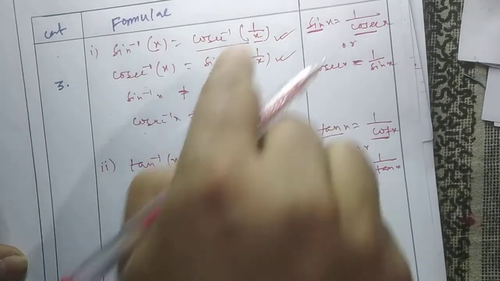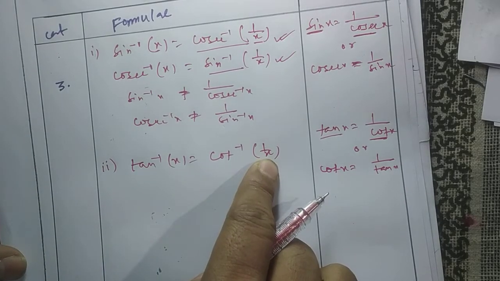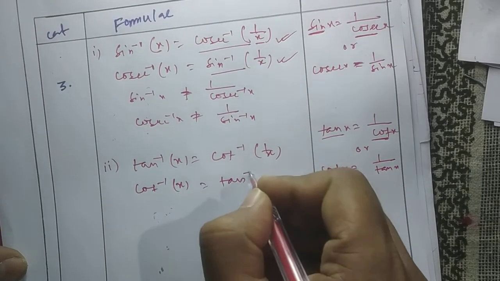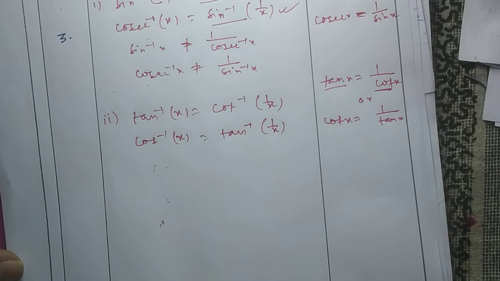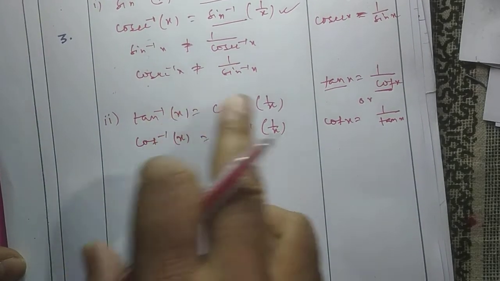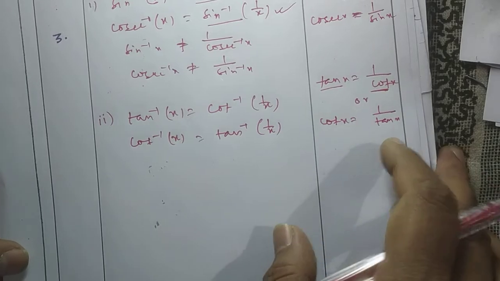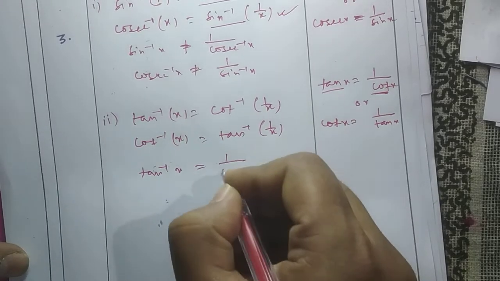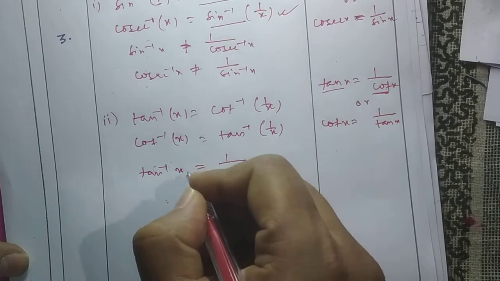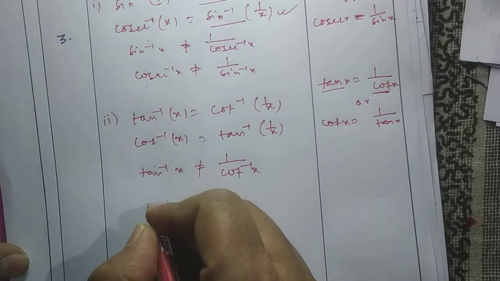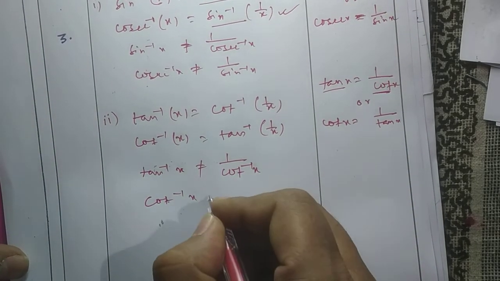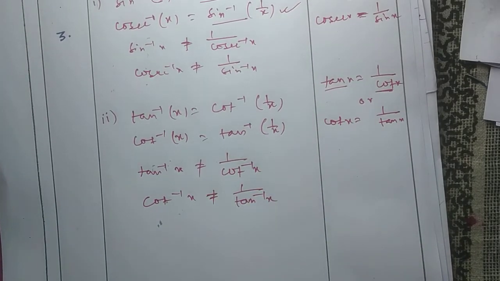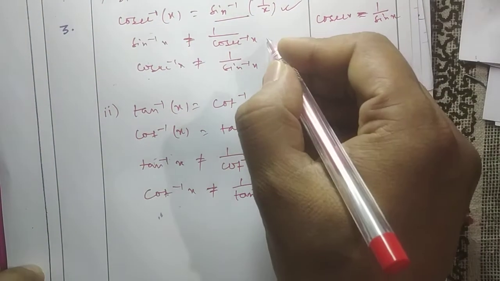Similarly, cot inverse x can be written as tan inverse of 1 by x. Simply remember, in the case of ITF only this value will be reciprocal, not the whole. Here we cannot say tan inverse x equal to 1 by cot inverse x. Please never say it. Or we cannot write cot inverse x equal to 1 by tan inverse x. It will never be. Understood? These are the misconceptions.